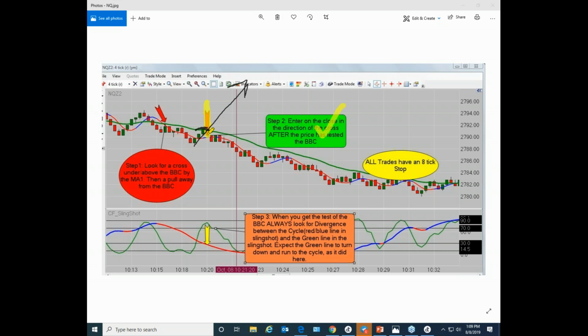Now, you're going to find, and I'm going to talk about this too, sometimes the market has so much bullish or bearish momentum that it will not get to the green line. You notice that here, right? Couldn't get to the green line. But what I'm going to teach you is that while this is happening, as we start flagging toward the green line, we're going to draw a trend line underneath it.